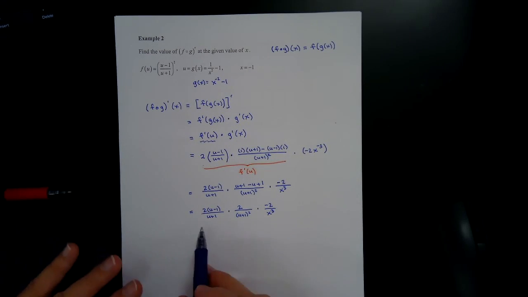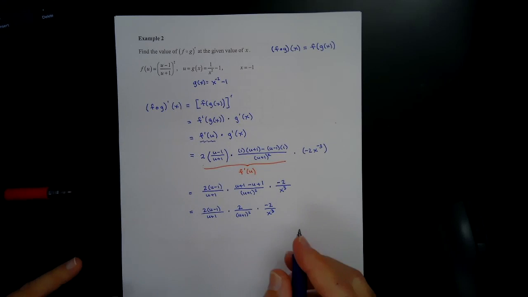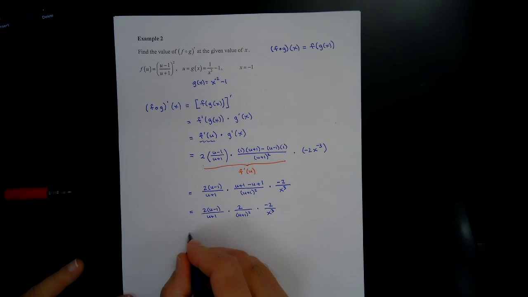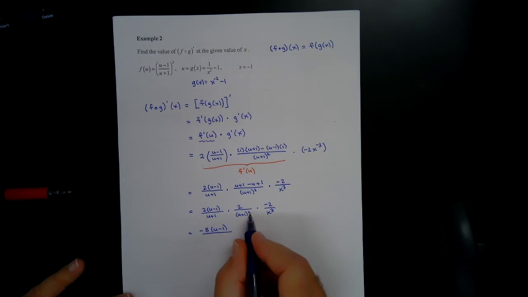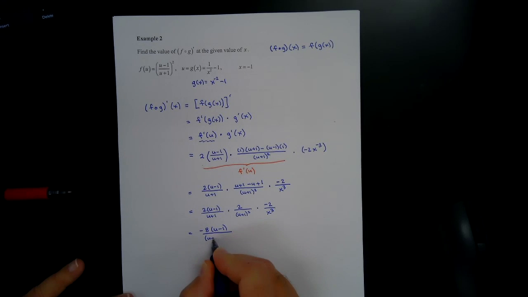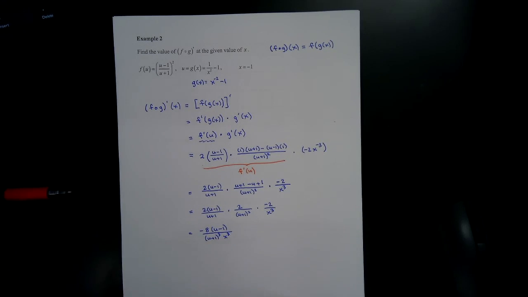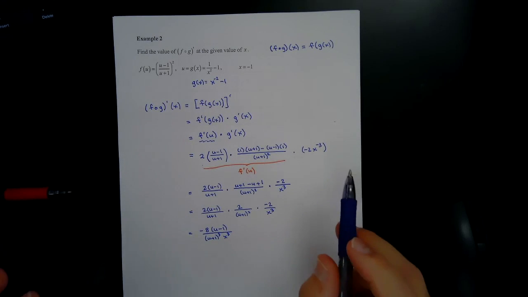Cleaning this up even more, we can bring it as one fraction, and this becomes negative 8 times u minus 1 all over u plus 1 cubed times x cubed. Now we want to find this at x equals negative 1.